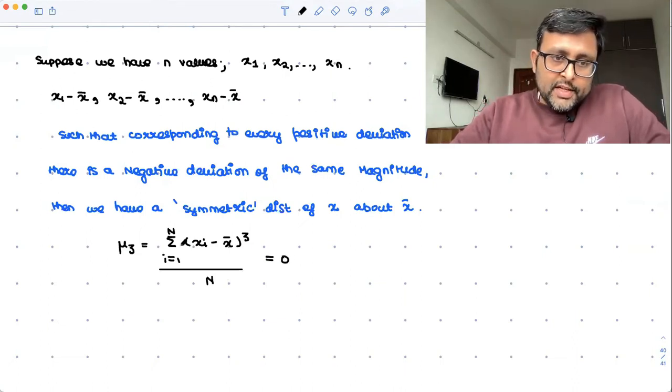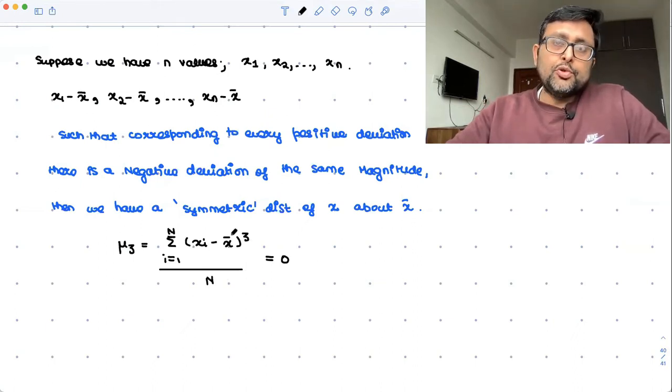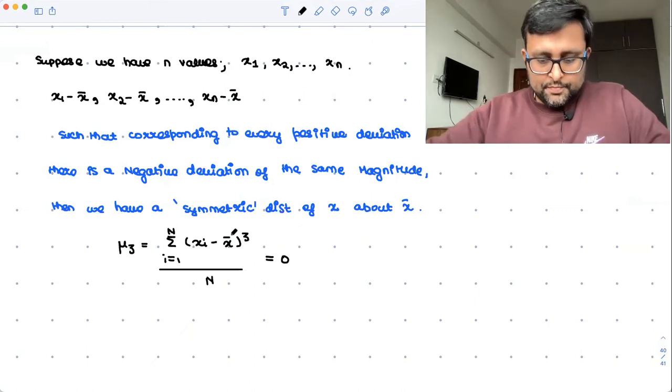Because when the deviations are raised to the power of 3, then the positive deviations are going to cancel out the negative deviations in the sum.